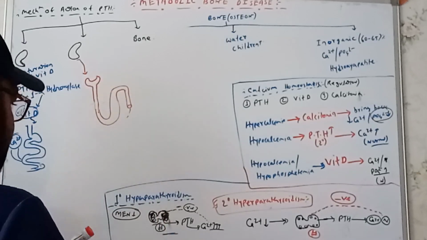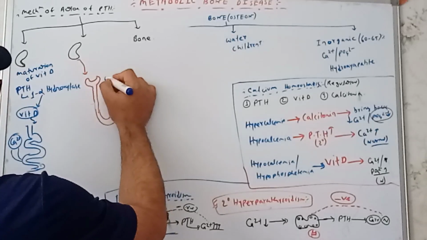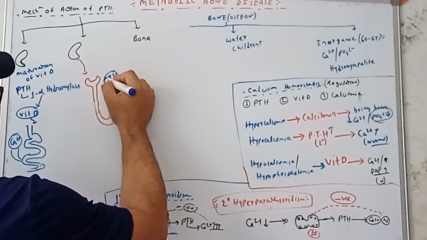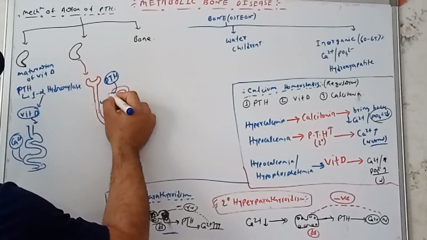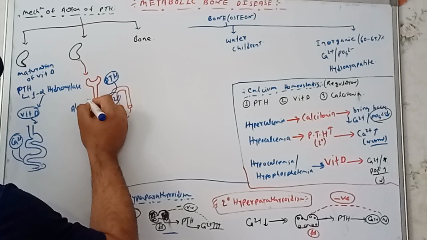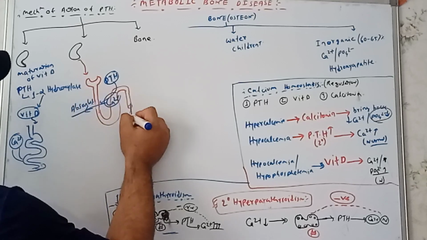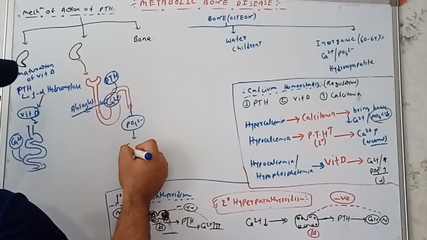See here, by the action of the parathyroid hormone, the calcium will be absorbed, and the phosphate will come out within the excretion.